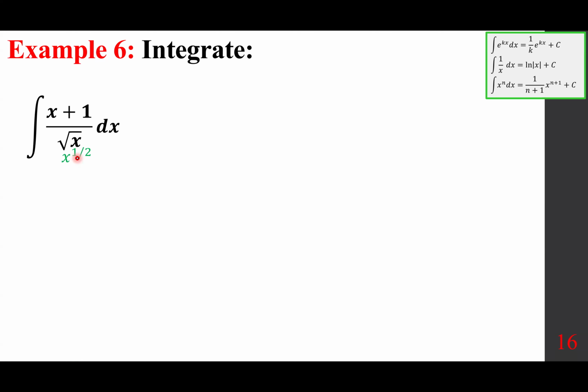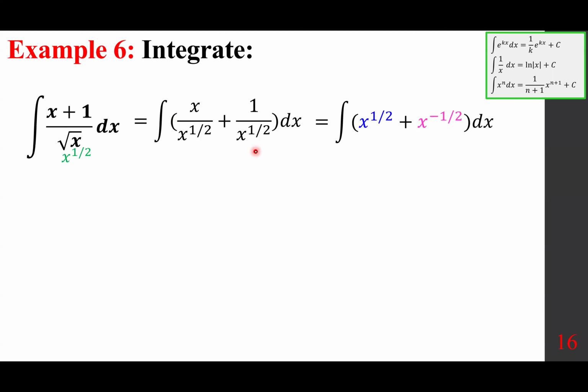Then we make up two fractions, x divided by x to the power 1/2 and 1 divided by x to the power 1/2. We use the exponential rule. This has exponent 1. So this becomes x to the power 1 minus 1/2 or x to the power 1/2. This one is x to the power minus 1/2. And all of it is because we want to get it ready to use the power rule.